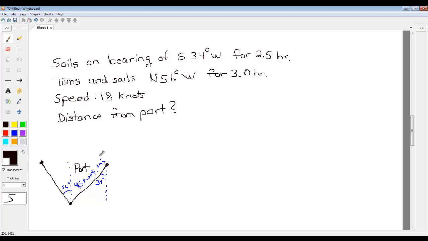So let's look at that for a second here. Speed 18 knots. So again, 3 hours times 18 knots, we're looking at 54 nautical miles there.